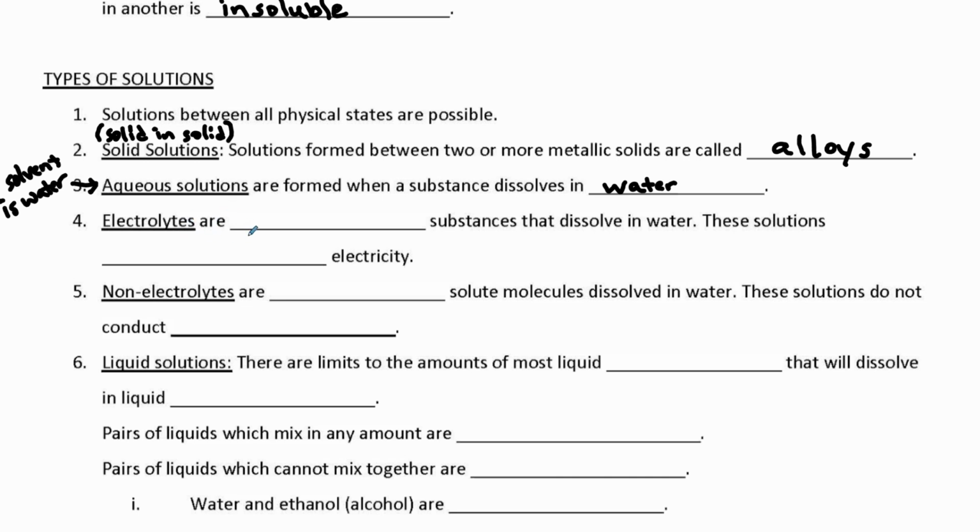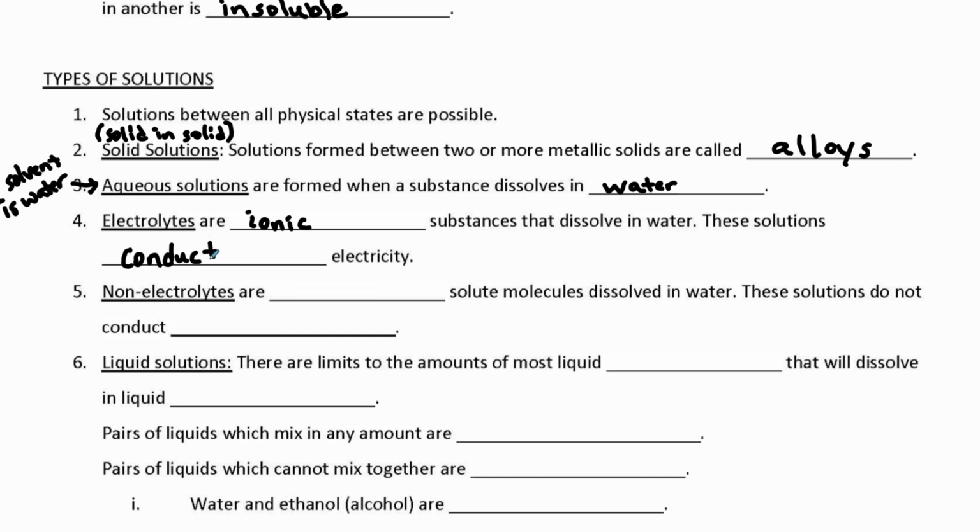Electrolytes are ionic substances that have dissolved in water. When you dissolve something ionic, you might remember this from grade 10 science, it breaks apart into its ions and it's able to conduct electricity because it now has those charged particles basically suspended in that solution. So we call those electrolytes and they conduct electricity.